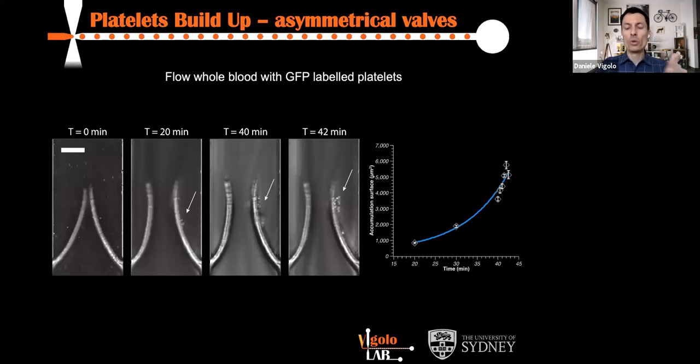Now, once again, we repeated the experiment with whole blood, and we saw a similar pattern. Obviously, the dynamics is slightly different, but again, once we have an asymmetry, we tend to see an accumulation no more at the tip of the valves, but behind one of the leaflets, which is somehow representative of a hydrodynamic effect.